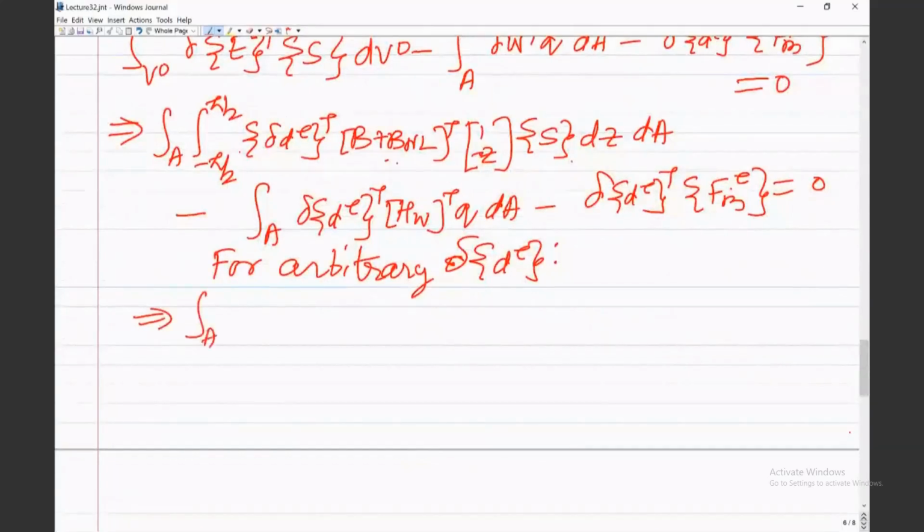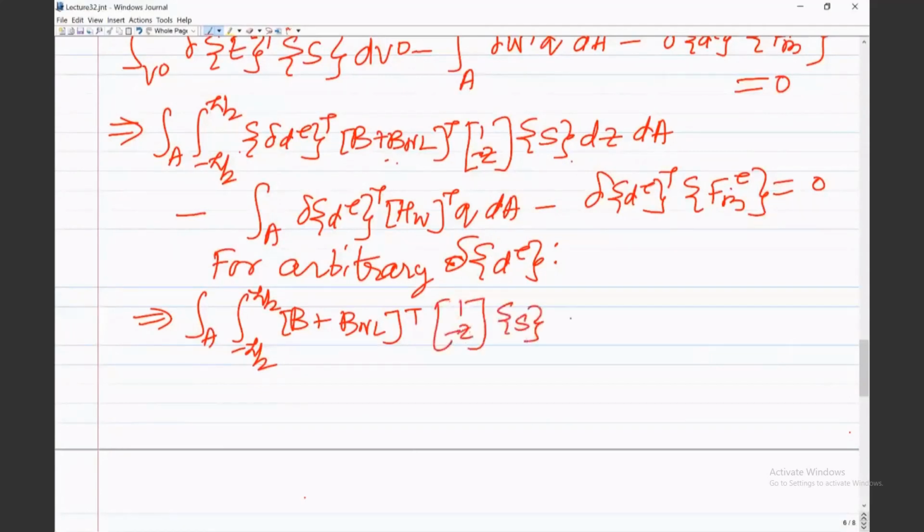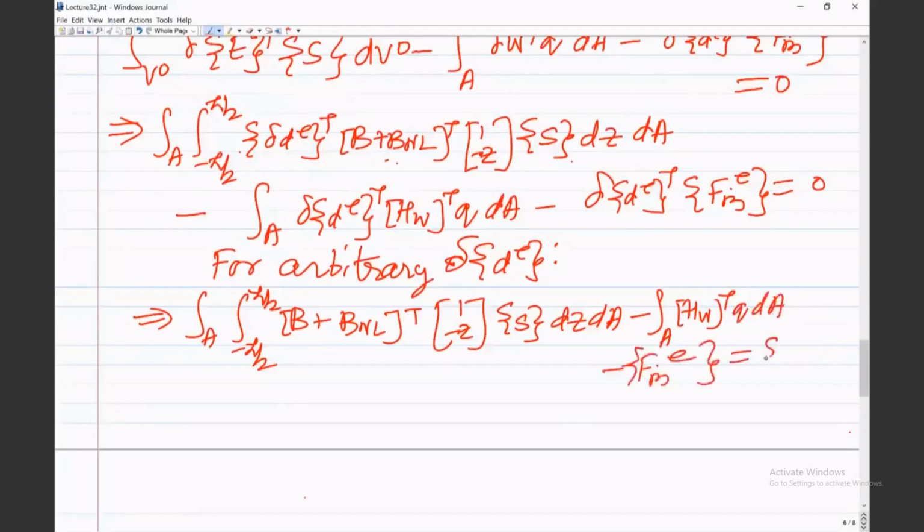So integration over area, integration over thickness from minus h by 2 to plus h by 2, the original thickness in the undeformed configuration, we will have (B plus BNL) transpose, (1 minus Z), and then S dz dA, minus the integration over area of HW transpose Q dA, and minus F internal for the element. This is equal to a null vector. So this is the element level governing equation, which is non-linear as we know.